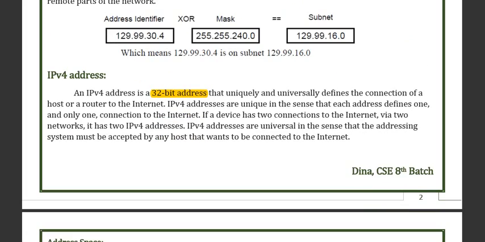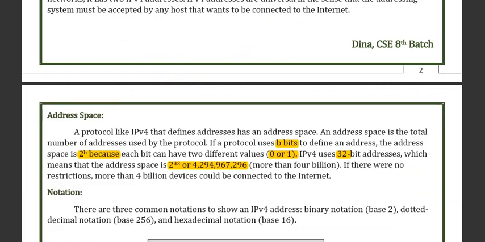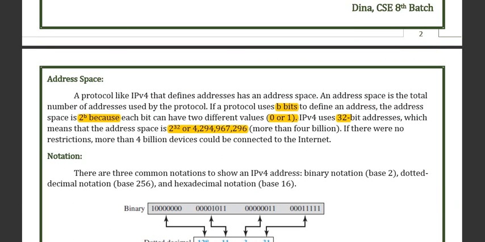IPv4 means Internet Protocol version 4, which is a 32-bit address. Now, address space. If a protocol uses b bits to define an address, the address space is 2 to the power b, because each bit has two different values, 0 and 1.